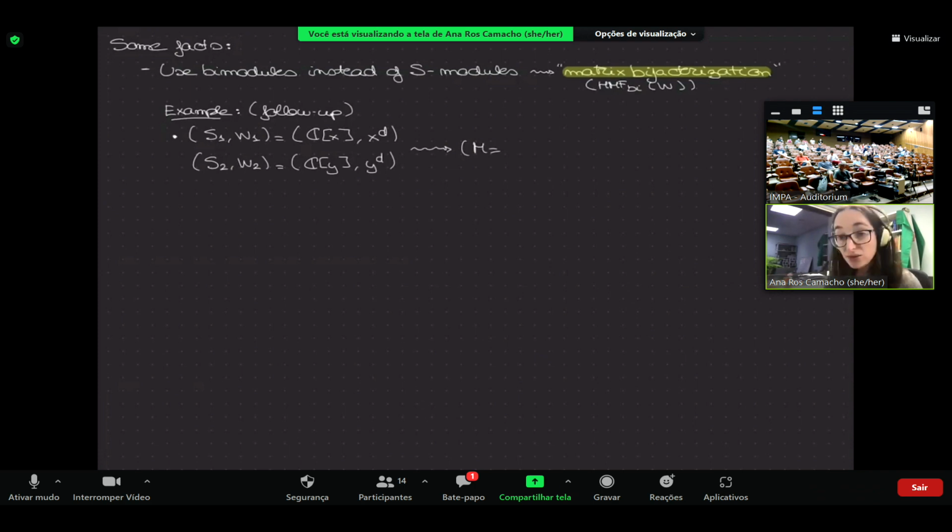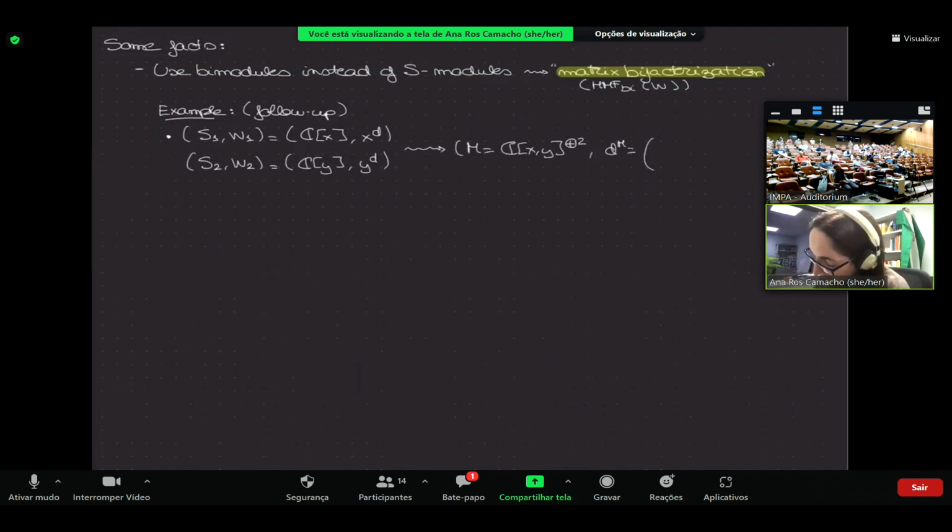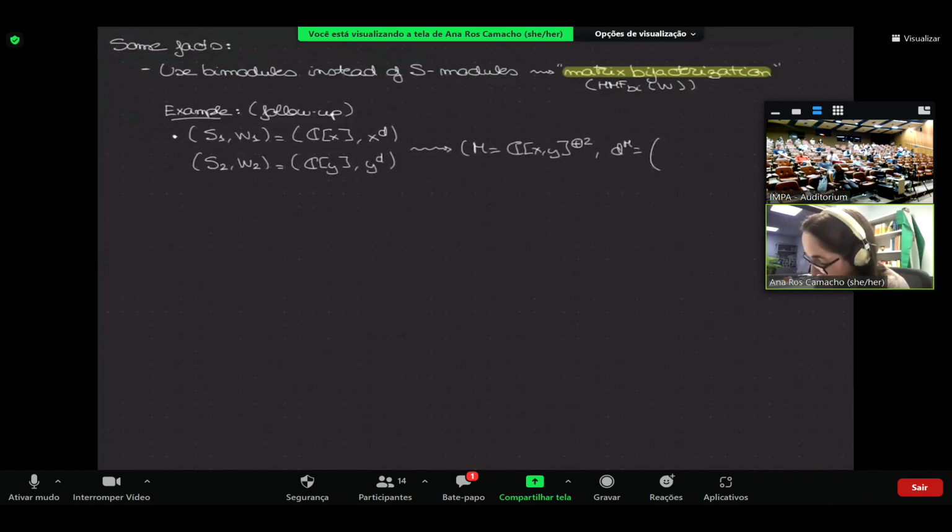So given these two, let me construct the following bimodule with the following twisted differential. So X Y, two copies, d M. So nice.